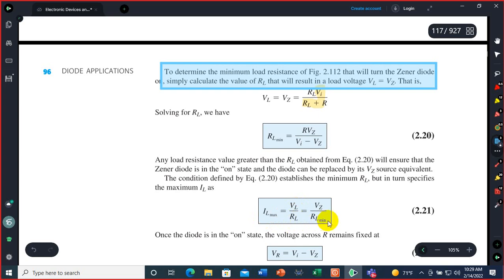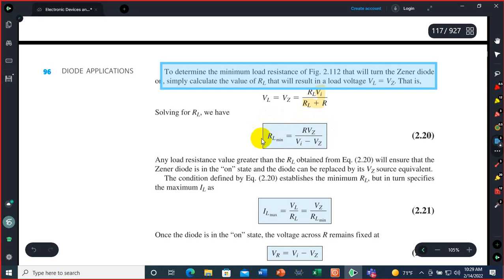When the resistance is minimum, you get the maximum current. So what is the minimum value of load resistance that will safely keep the zener diode on? We have calculated it from here.